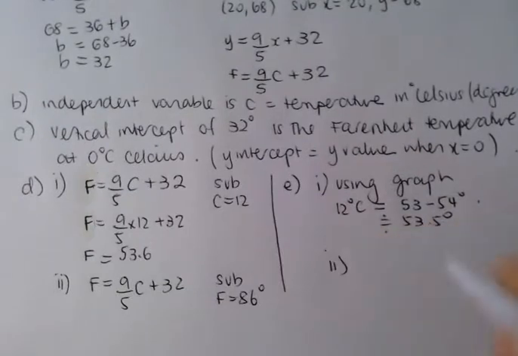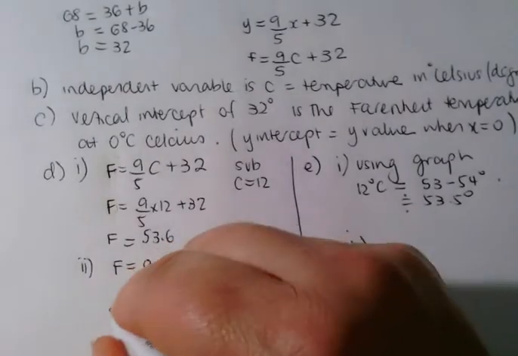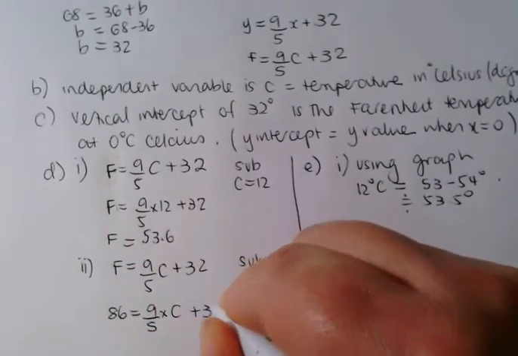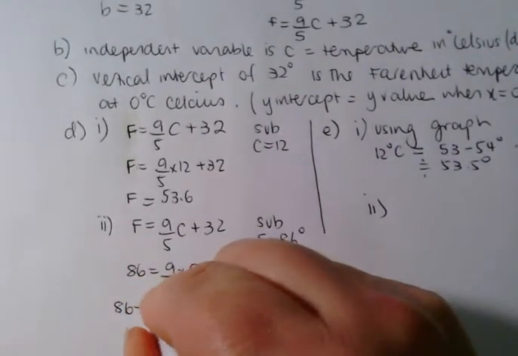Now, for part 2, converting 86 degrees Fahrenheit into Celsius, so 86 equals 9 over 5 times C plus 32. Solving for C, so we would subtract 32.